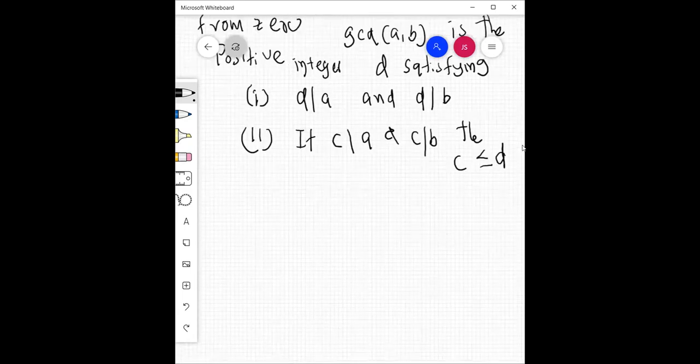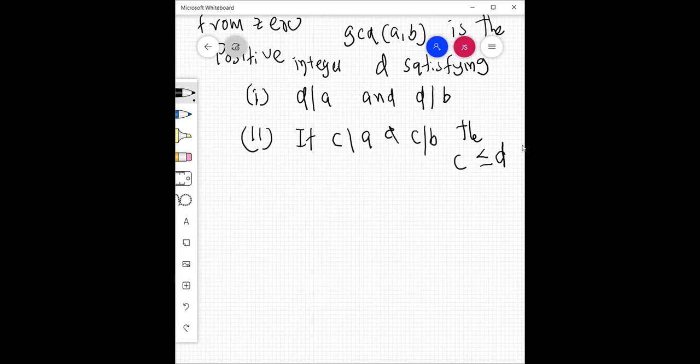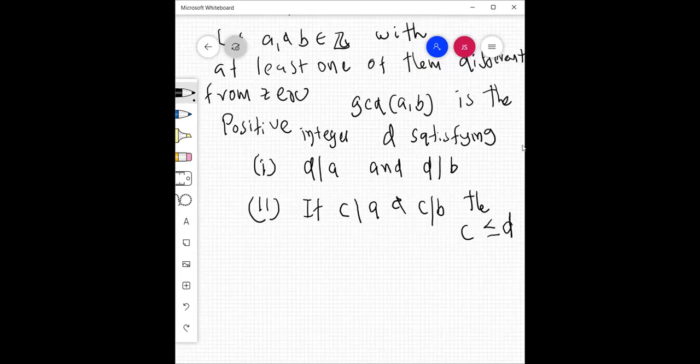Now, there are several important uses of this definition. Of course, when we are proving statements, or when we state some theorems about the greatest common divisor and want to prove that theorem, then we need the proper definition. We use this definition. That is why we need it.